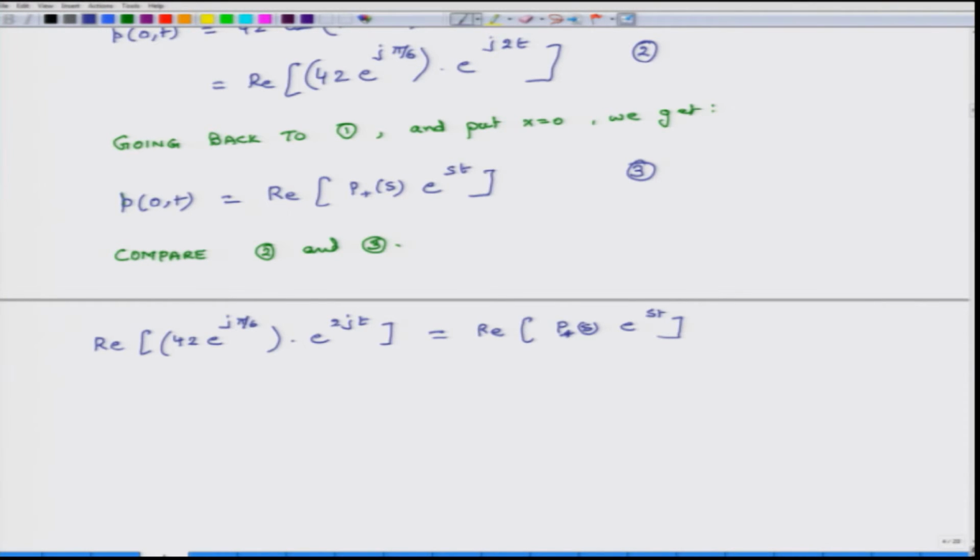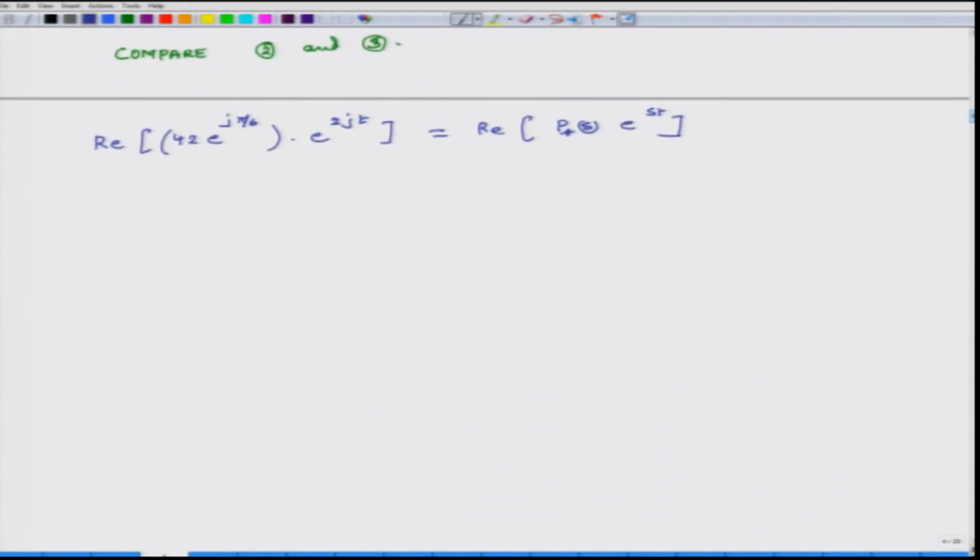Okay. So, that is my equivalence, and I am getting this equivalence from the boundary condition related to x equal to 0. Now, this equation, let us call this equation 4. So, equation 4 is true for all values of t.